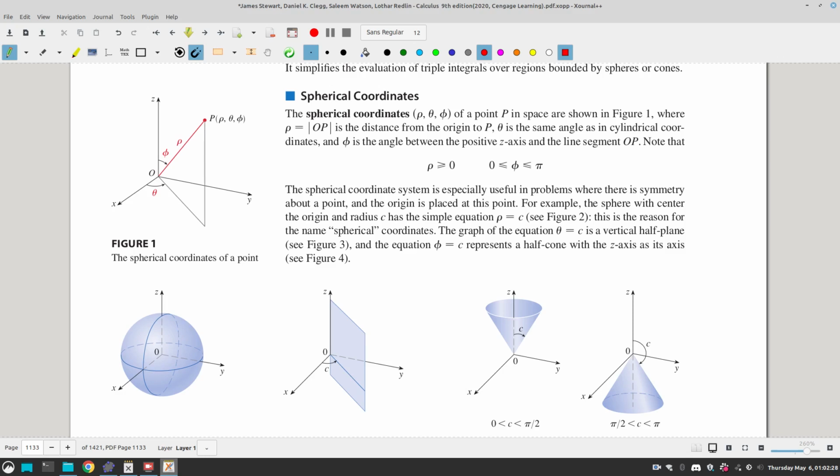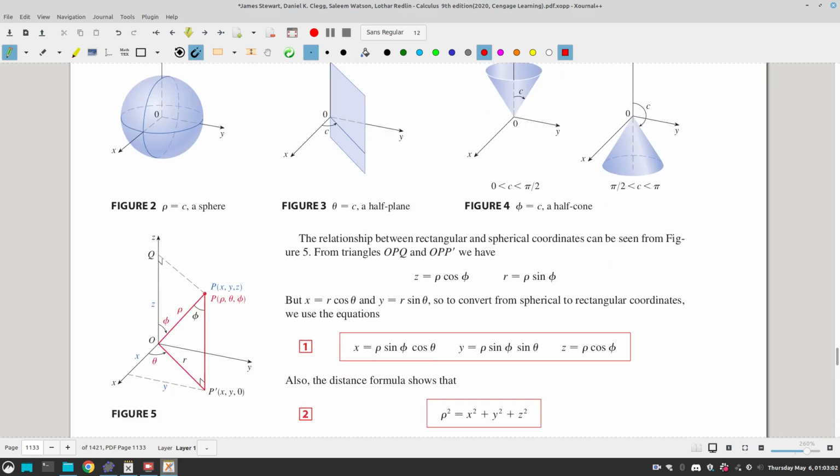Theta is the angle that the projection of OP makes with the x-axis. So you take OP and you have the projection of OP on the xy plane, and theta is the angle between the x-axis and the projection. And phi is the angle between the z-axis and OP.